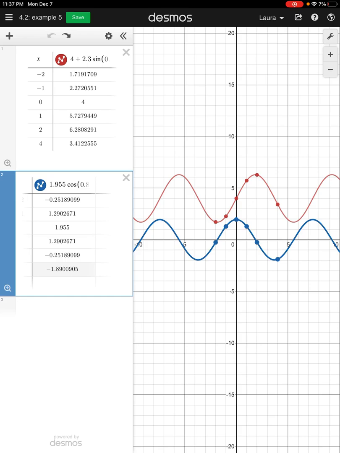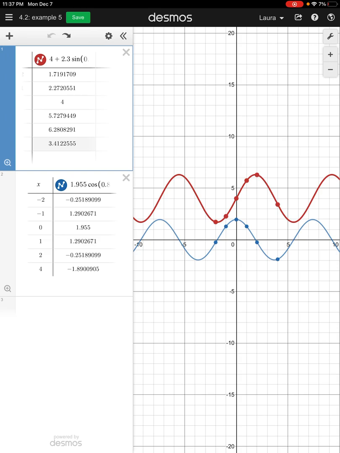Well, since that acceleration is negative, that tells me my velocity is decreasing, and because my v of 4 is positive and my a of 4, you can see it right here, is negative, then I know that the particle is slowing down.